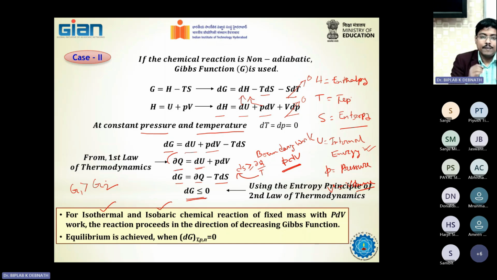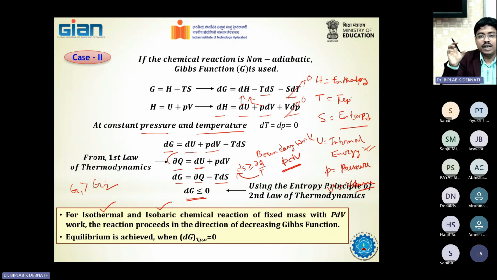The chemical reaction will reach equilibrium when you see that this difference G2 minus G1 is gradually decreasing. Initially G2 minus G1 will be a significant negative value.